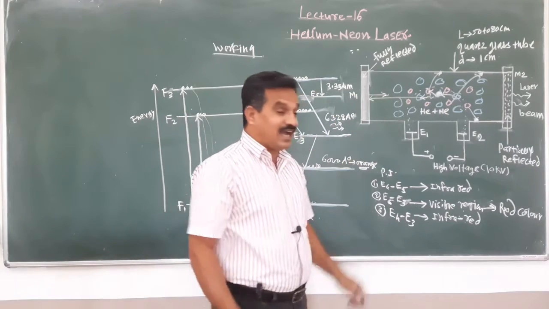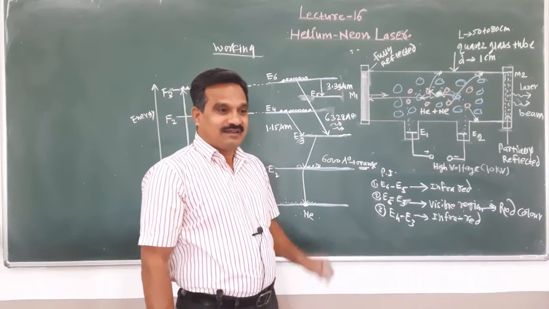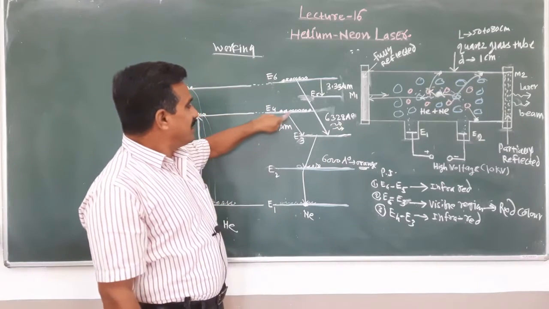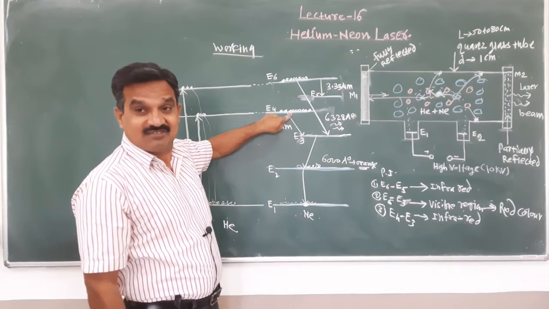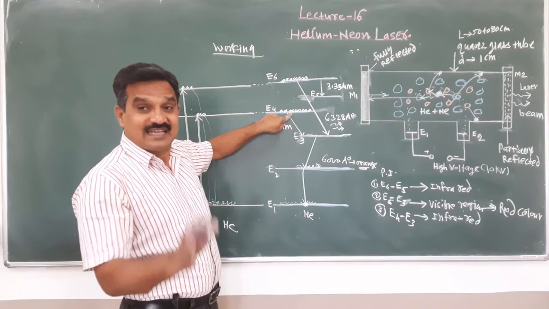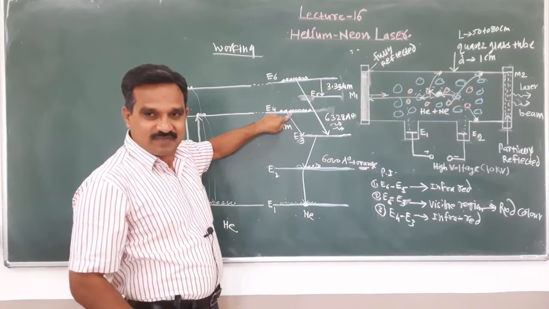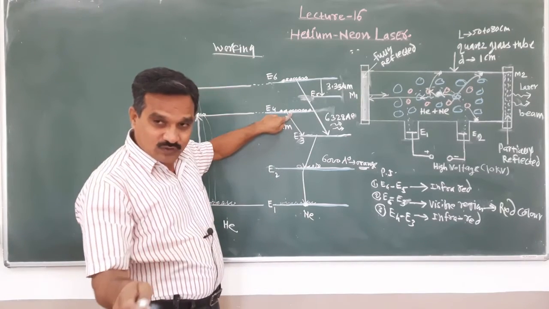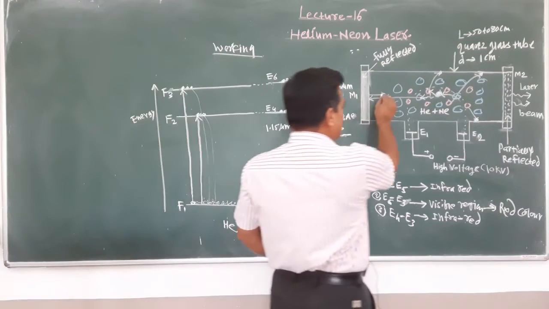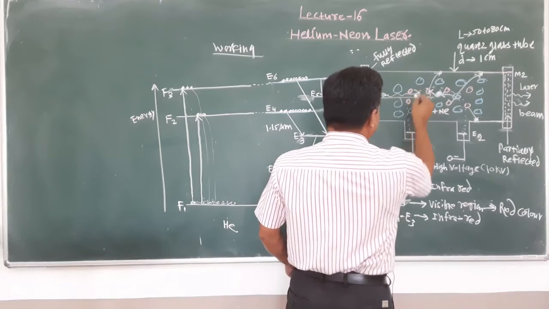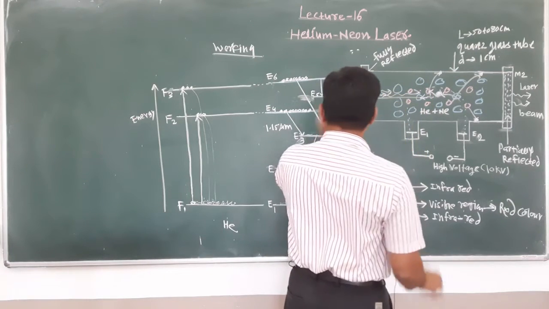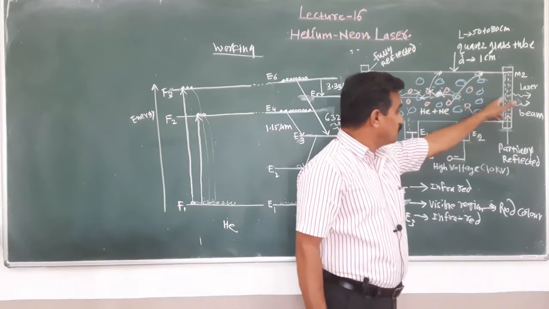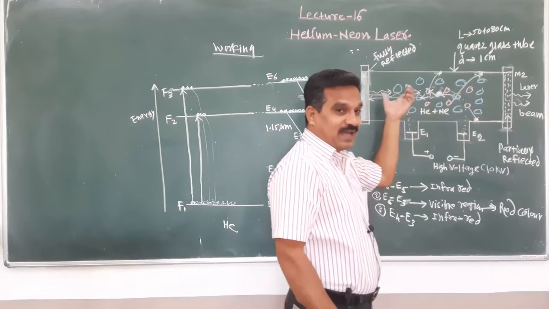When it bounces back, it interacts with other excited neon atoms and forces them to emit photons. Again two photons are emitted, and these move up to this mirror and are reflected back.